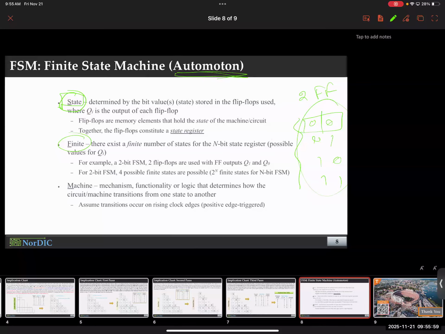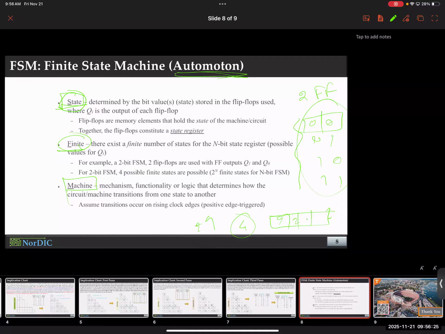Why are we mentioning it as finite? Can you definitively tell me how many states will be there with 4 flip-flops? Yes, 2 raised to 4. You can easily tell me how many, and this is always finite. There is a number. You cannot have an infinite number of states, for sure. That's why it's a finite state. And a machine is basically a mechanism that follows a rule.